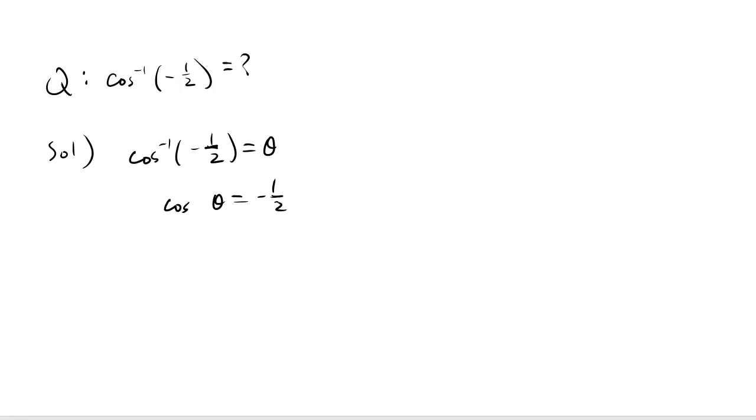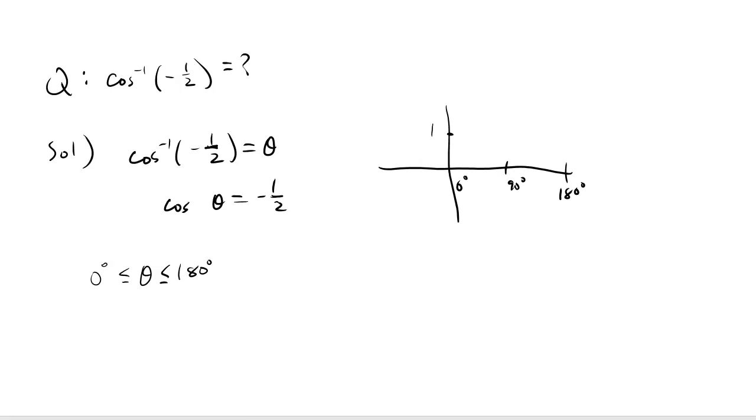But remember, for the cosine, your angle is between 0 and 180 degrees. So you have to look at the cosine graph from 0 degrees to 180 degrees. So here's 1 going to 0 and then negative 1. And you have to know when it hits negative 1/2.